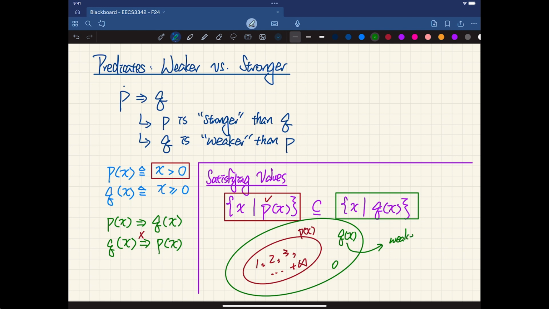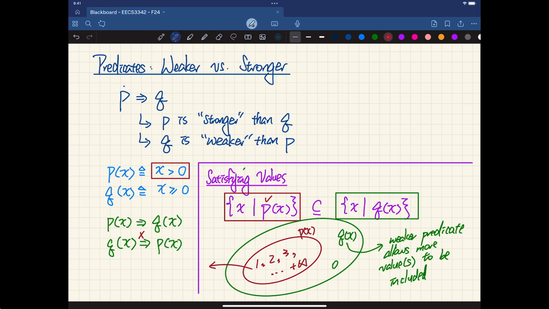Weaker predicates allow more values, in general, to be included in the satisfying value set. On the other hand, the stronger one is going to filter more.